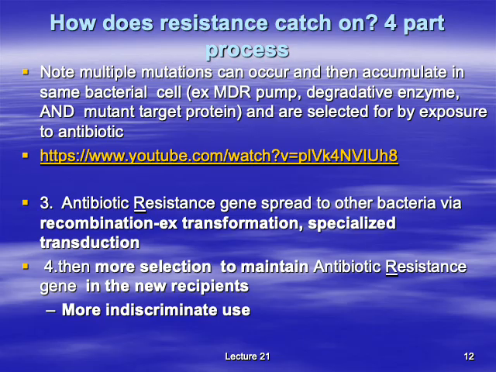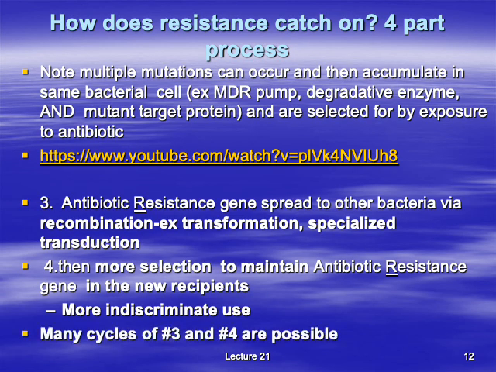All right, and last you want to think that steps 3 and 4 can happen multiple times, all right? So you can have one strain of bacteria, many generations, but the same strain, and they're accumulating more and more antibiotic resistance genes, and those will be selected for by higher and higher levels of antibiotics in the environment. So that kind of gives you an idea of the 4 steps that lead to widespread, think multiple species, resistance to an antibiotic.